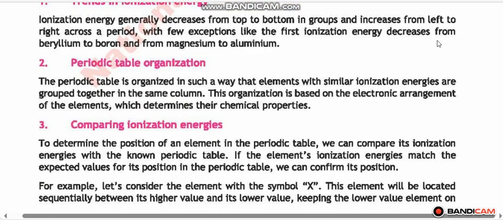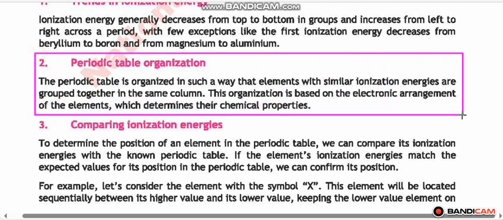Next, periodic table organization. It means that if we have the data of ionization energies, then we can organize the periodic table. Let's discuss. The periodic table is organized in such a way that elements with similar ionization energies are grouped together in the same column.